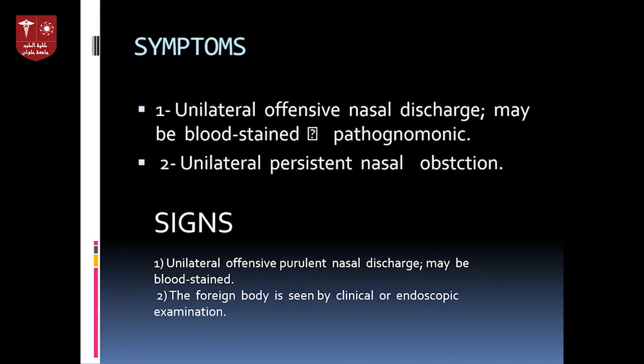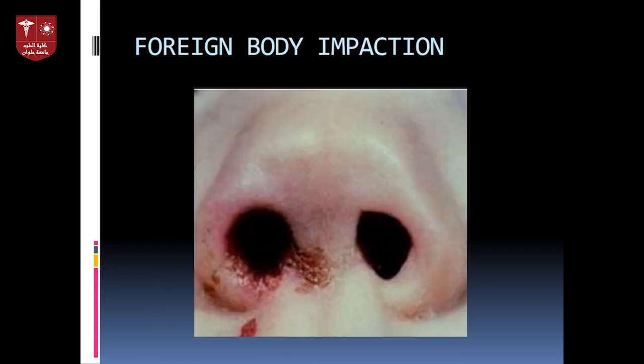In a child, you have to think of foreign body. And unilateral persistent nasal obstruction, because the foreign body is just on one side. When we examine the patient, you will see the offensive purulent nasal discharge, and the foreign body may be seen clinically just by anterior rhinoscopy or by endoscopic examination.